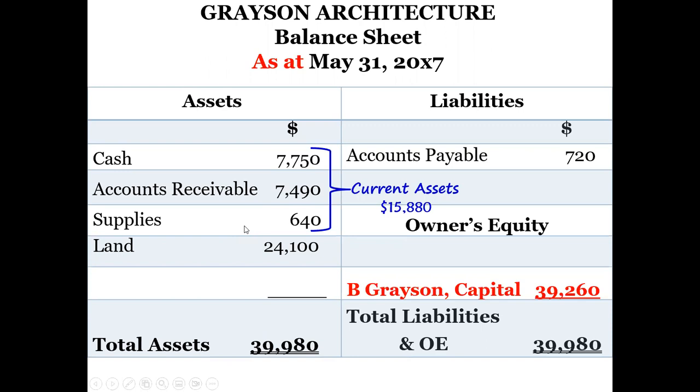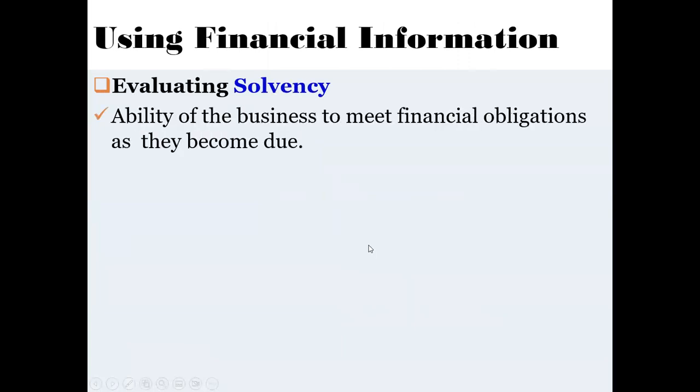So let's talk a little bit about solvency, and then we are going to work out the things relating to that short-term solvency, or the short-term debt paying ability, in regards to that short-term loan that Grayson wants. So solvency, as I said, relates to the ability of the business to meet its financial obligations when they become due.